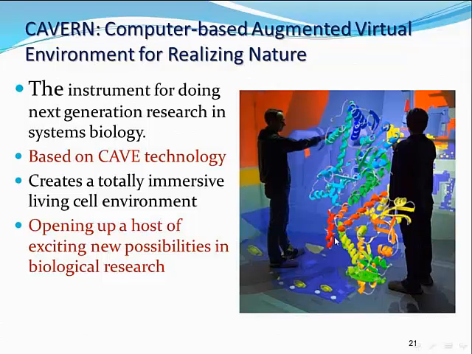There are already caves that can show things like this, but the idea is to have the models not just static, but being driven by an OPM model such as the one that I showed you before. This is one mode of operating the system. Another mode would be just to inspect what is going on in real time or near real time in a living cell and project it in this instrument.